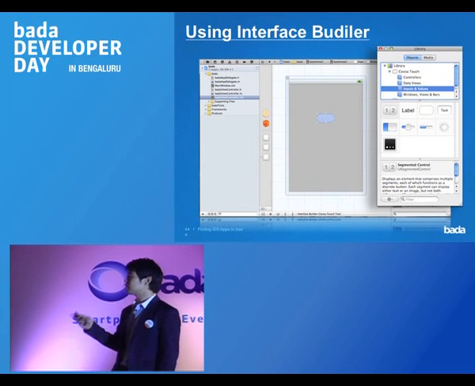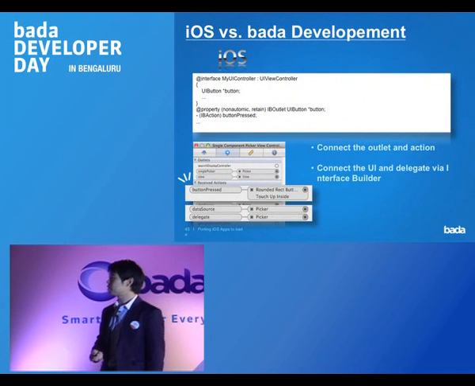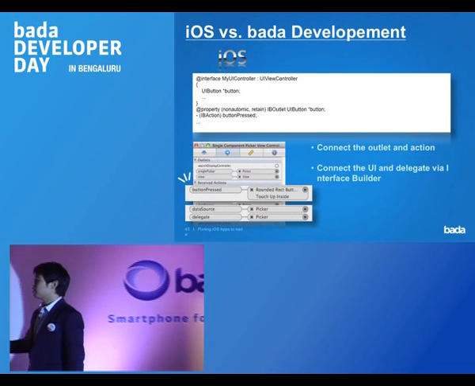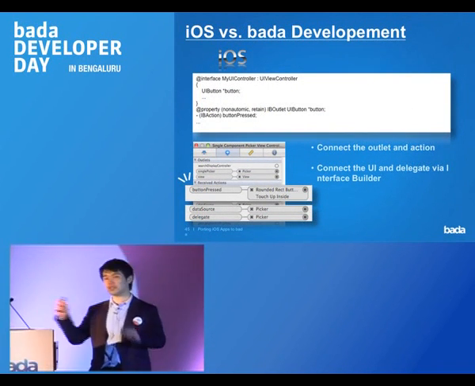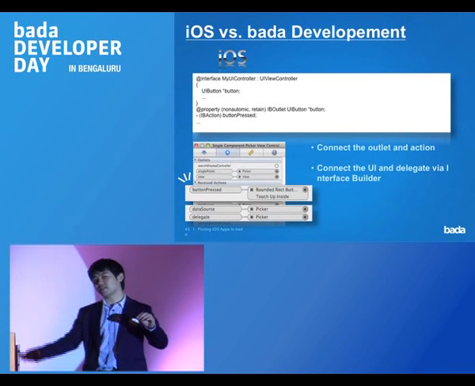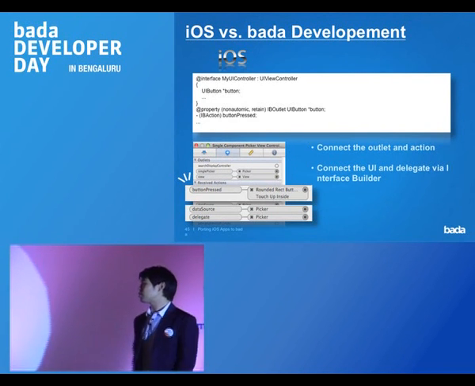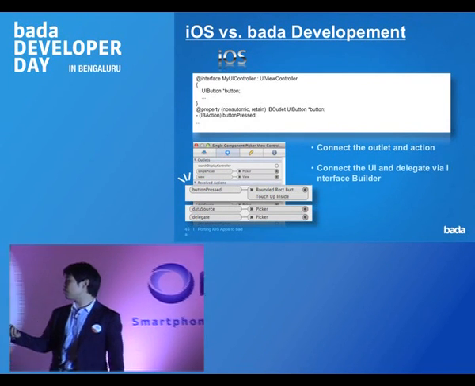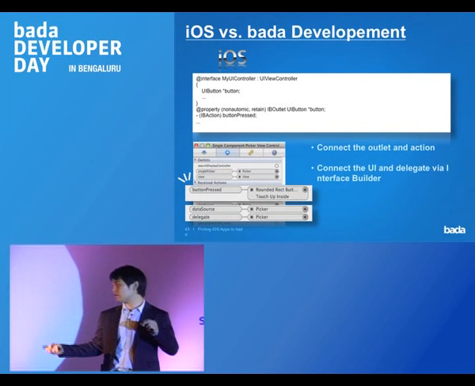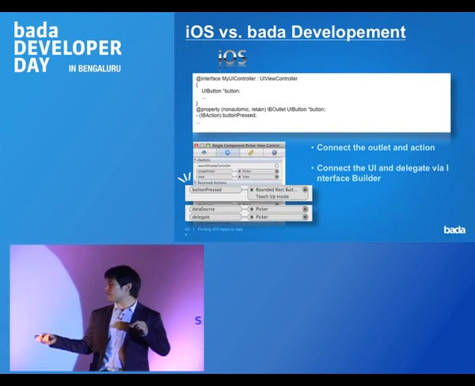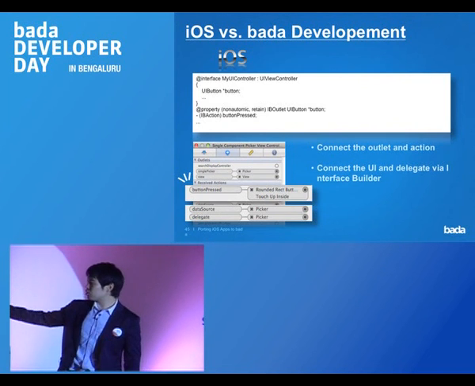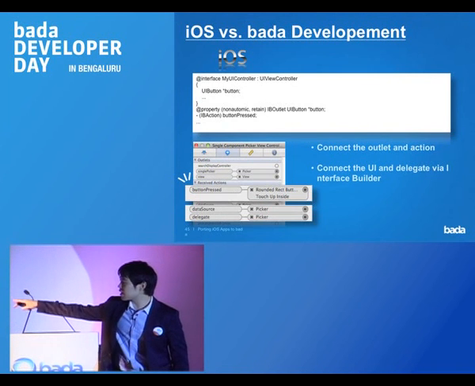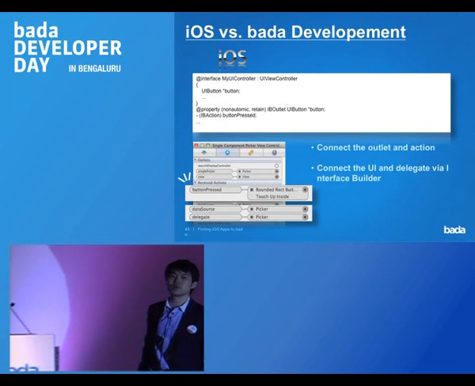Okay, the button is shown up. It's connected with Interface Builder, linking the UI outlet to the method, actually in a delegating method. So you connect this UI and delegate via Interface Builder, connect the outlets and actions, and you can handle it with a connected class, like button presses, in the source code.